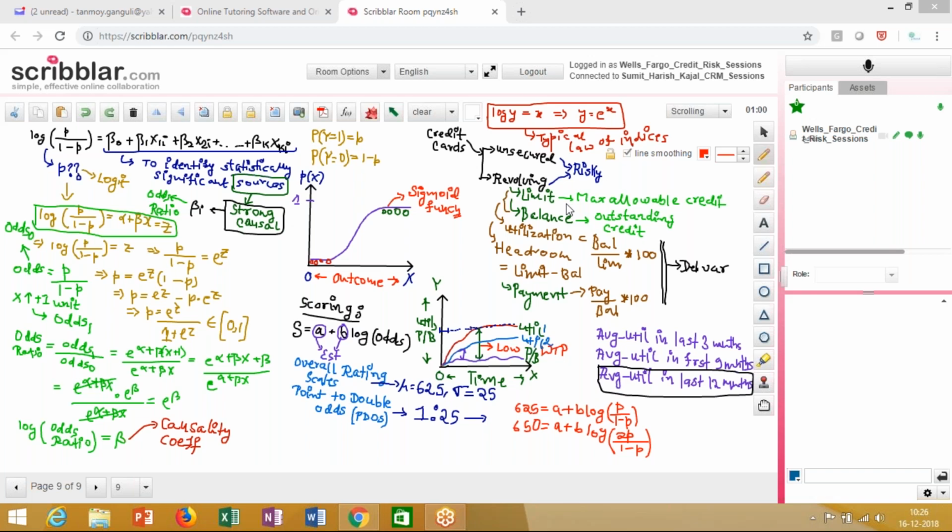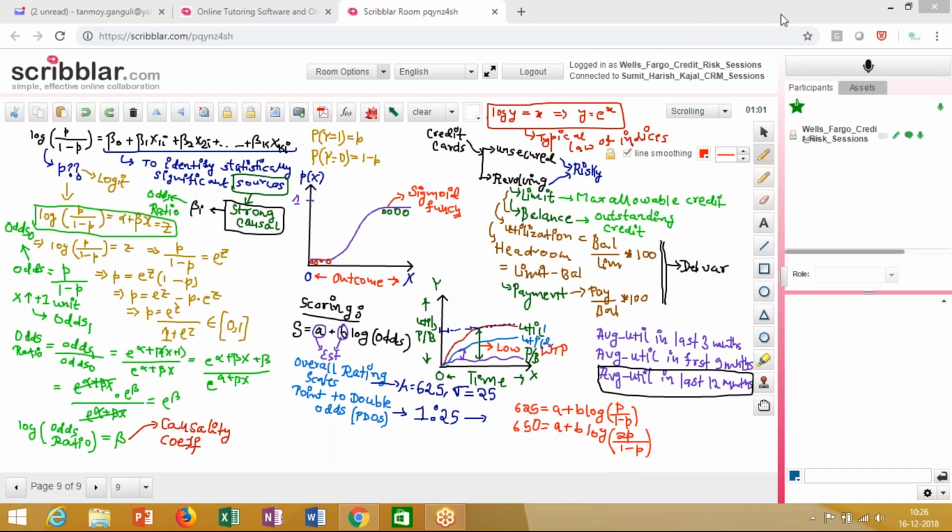Yeah, so at 625 you have a given log of odds, right? Now that doubles at 650. So when you move from 650 to 675, this doubles to 4p by 1 minus p. Correct.